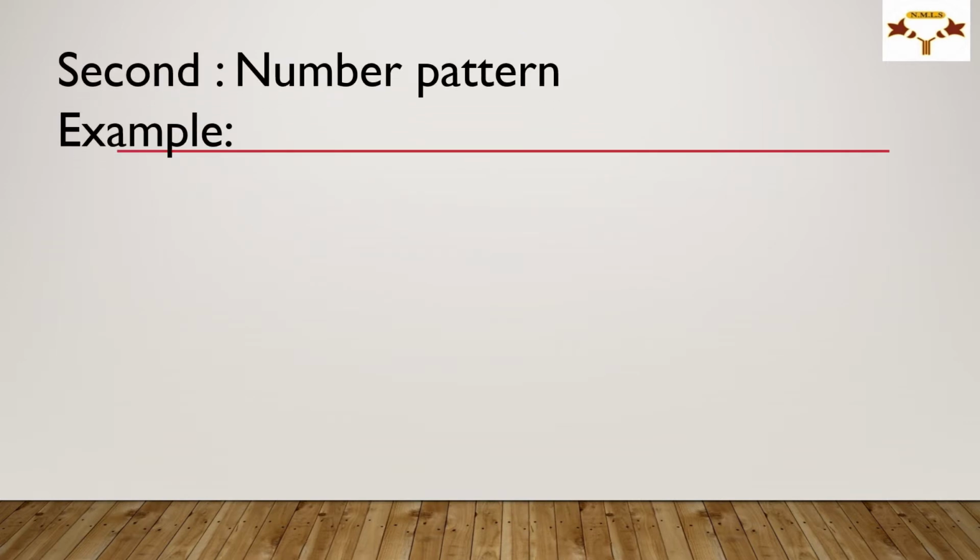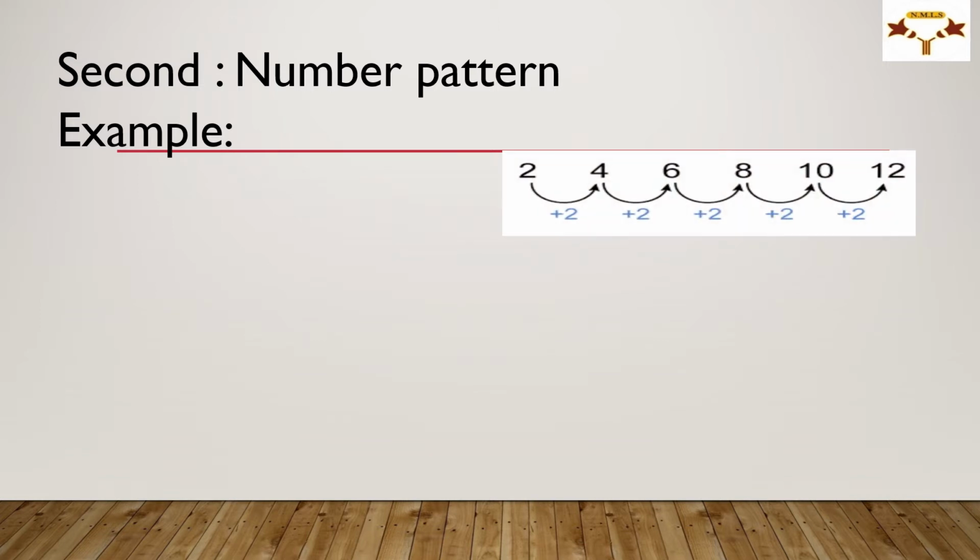The second type is called number pattern. Here I start with 2, then 4, then 6, then 8, then 10, then 12. If you want to figure out the rule, start from the first number 2 and count after 2 to reach 4.